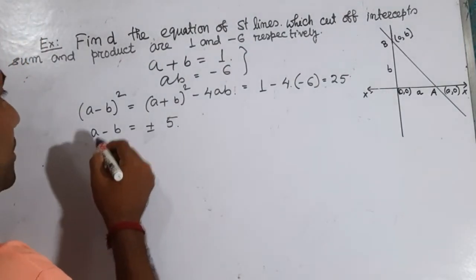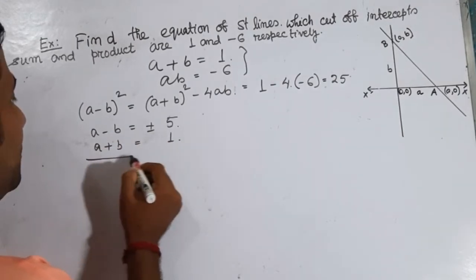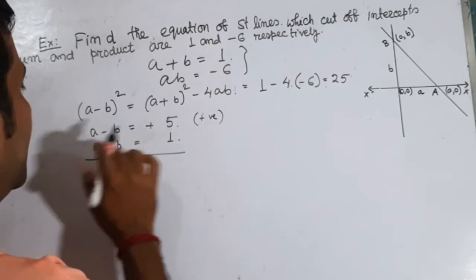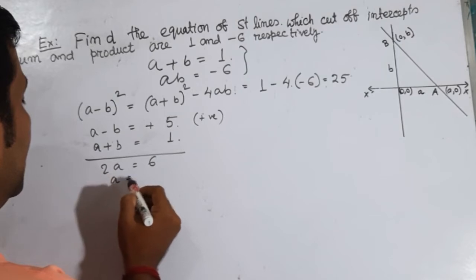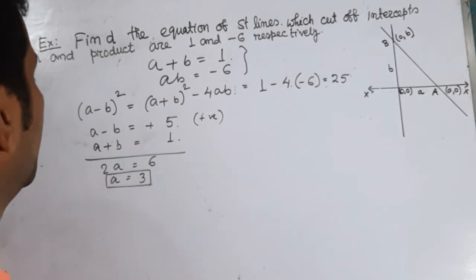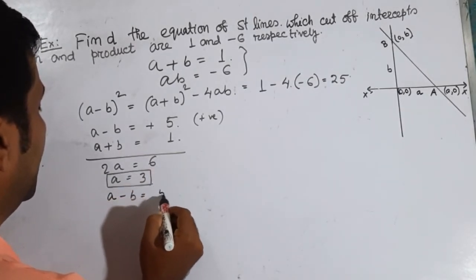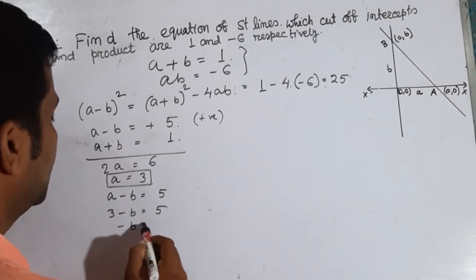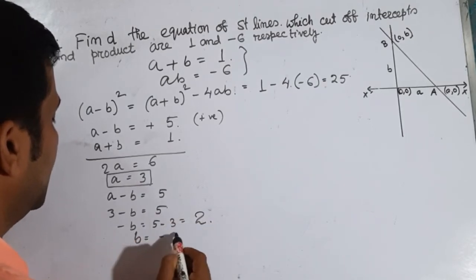And you have in your hand a plus b is equal to 1. Taking the positive sign, we get 2a is equal to 6, then a is equal to 3. Now putting a is equal to 3 in a minus b is equal to 5, we get 3 minus b is equal to 5, or minus b is equal to 5 minus 3 is equal to 2, or b is equal to minus 2.